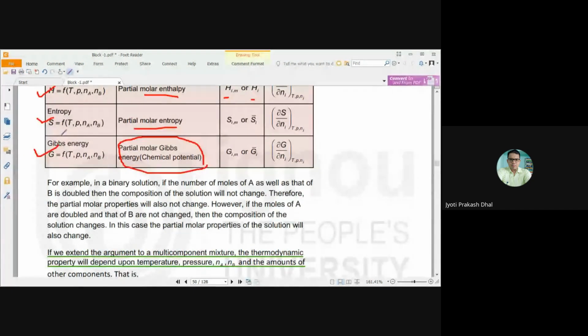Entropy is S_iM or S_i bar, partial molar entropy. Gibbs energy is G_iM or G_i bar, partial molar Gibbs energy, and the other name of partial molar Gibbs energy is chemical potential.